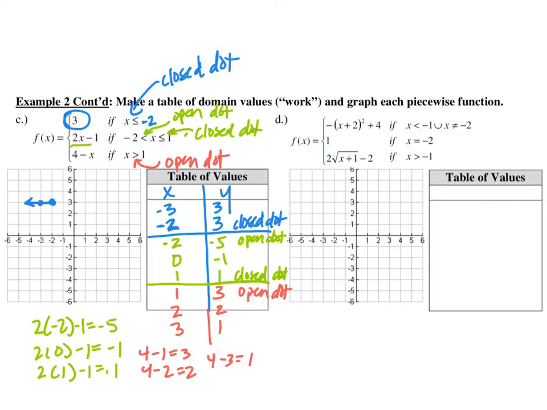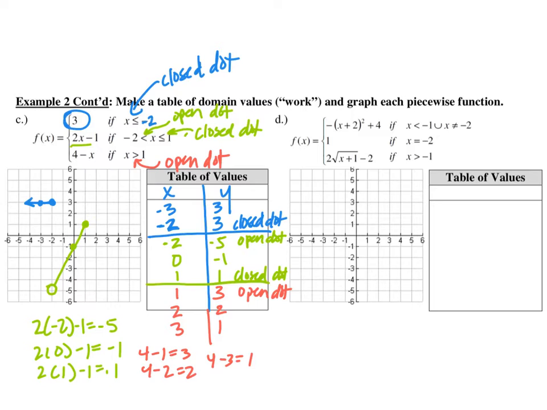We have an open dot at -2, -5. We have a point at 0, -1. And then we have a closed dot at 1, 1. And here we just connect these points.